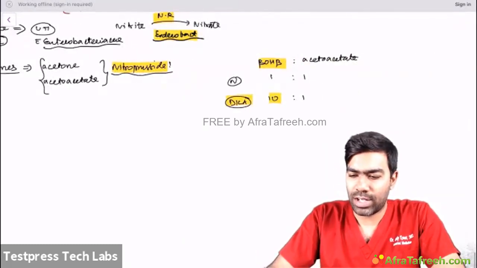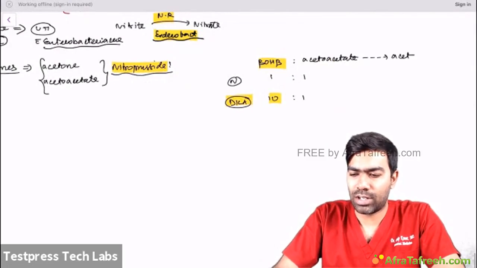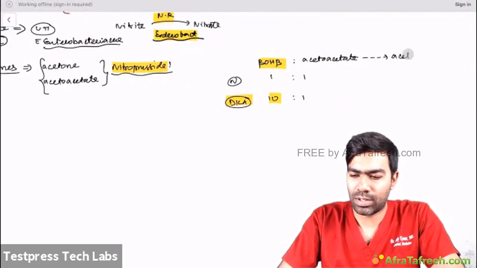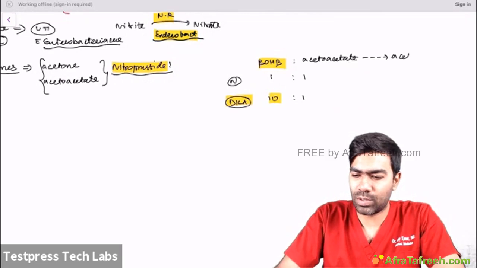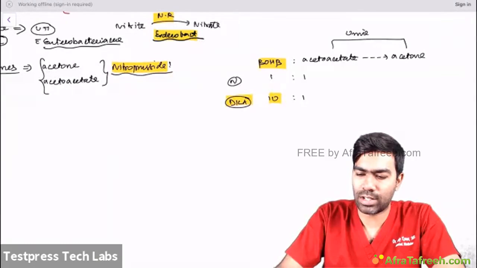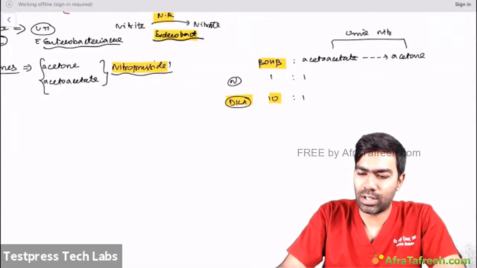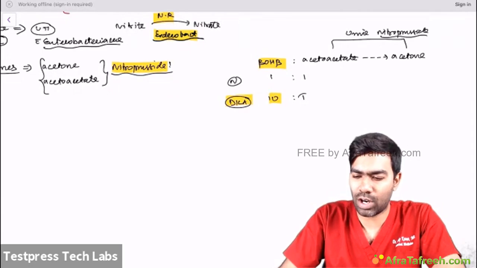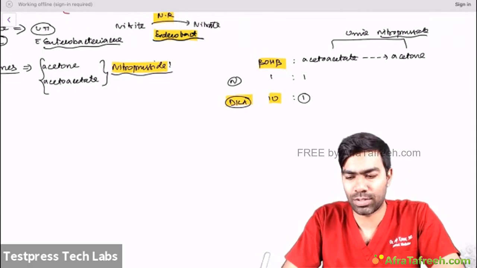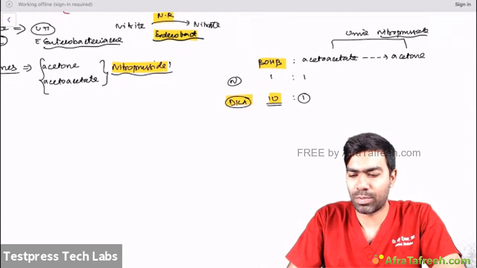And acetoacetate is the one that changes to acetone, and these two are the things that are detected by urine testing. Urine nitroprusside testing basically detects only acetoacetate and acetone, which is not even important in diabetic ketoacidosis. Beta hydroxybutyrate is the most important.